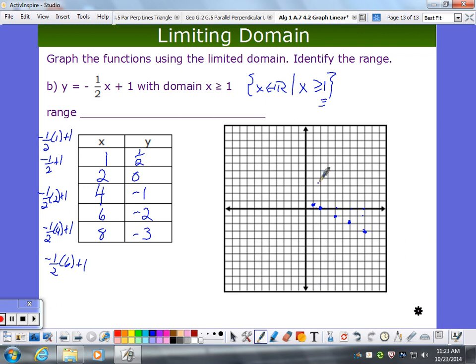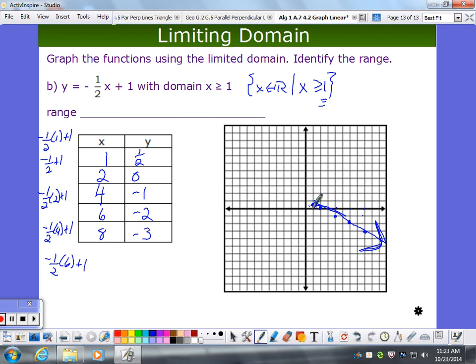No. Where does the line start, at what x value? 1. So I start here. Oops, I'm missing my point. There. There's my arrow. Okay.